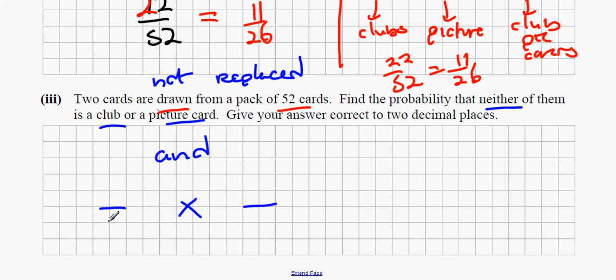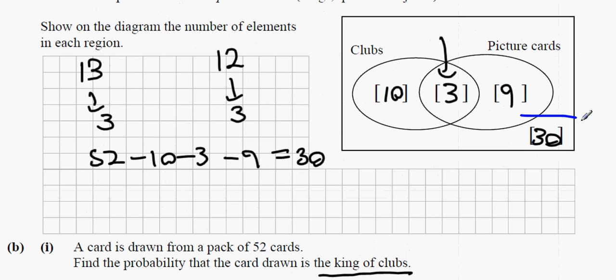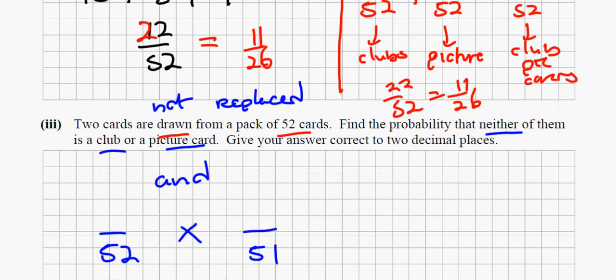You want the probability that neither one is a club or a picture card. The first probability is going to be out of 52. The second probability is going to be out of 51. We go back to the top. There's 30 of them that are neither a club or a picture card. So there's 30 out of 52. We successfully pull one which is not a club or a picture card. Then we have 29 remaining.